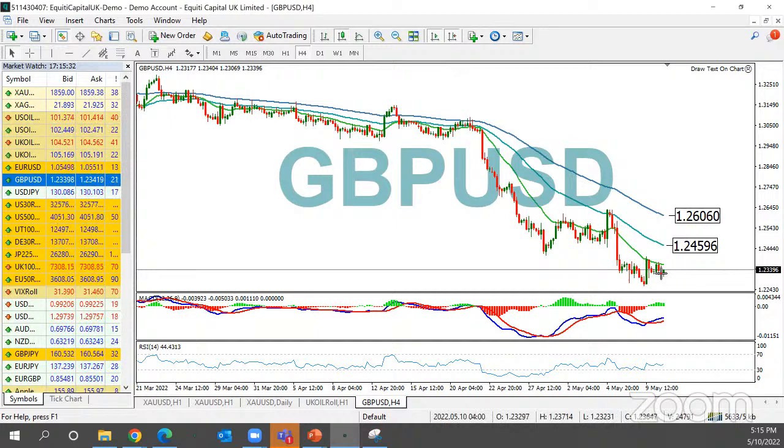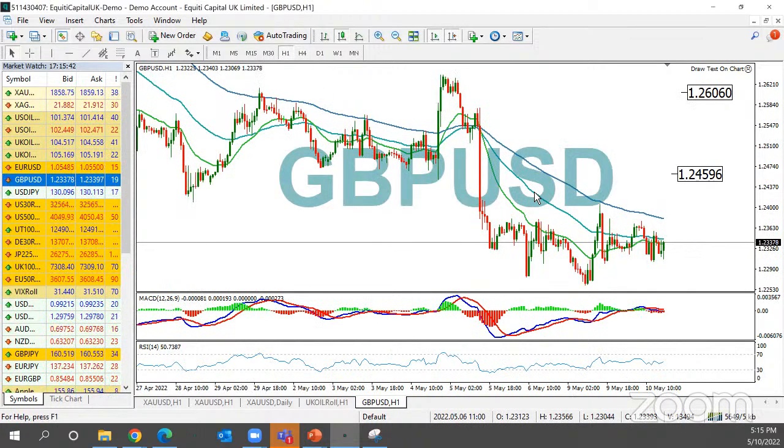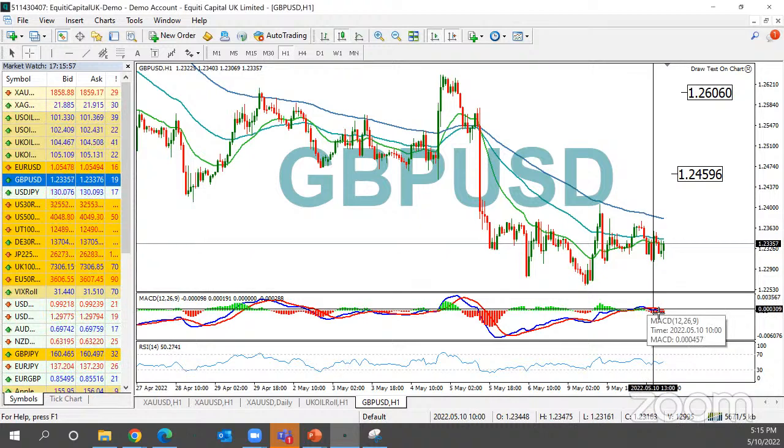Now, if prices reached the 1.2459 and then went back, that could be another signal to the downside, a continuation to the downside. Let's have a look at the 1 hour chart. On the 1 hour chart, you could see this range that we were talking about. However, prices are still tilted to the downside, especially as the MACD is near the negative territory. We saw a crossover to the downside happening 4 or even 5 hours ago.